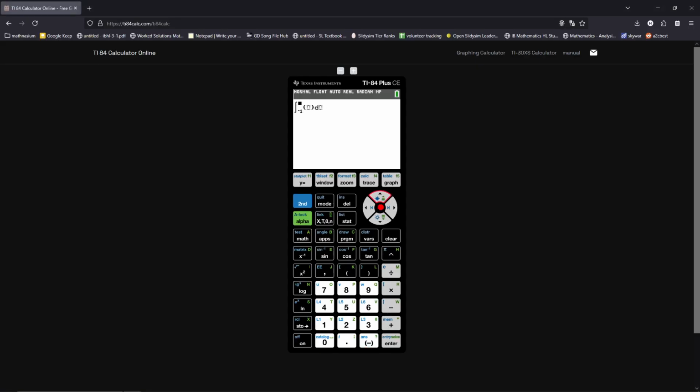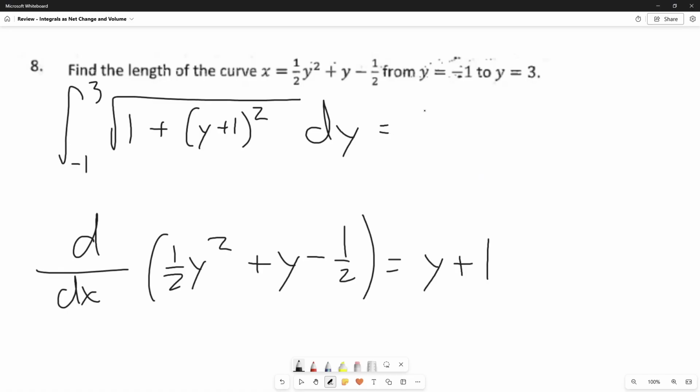We can just put x's instead of y's, and it would still give the same answer. So the square root of 1 plus x plus 1 squared dx, and we get 9.29. So 9.29 units is our final answer.